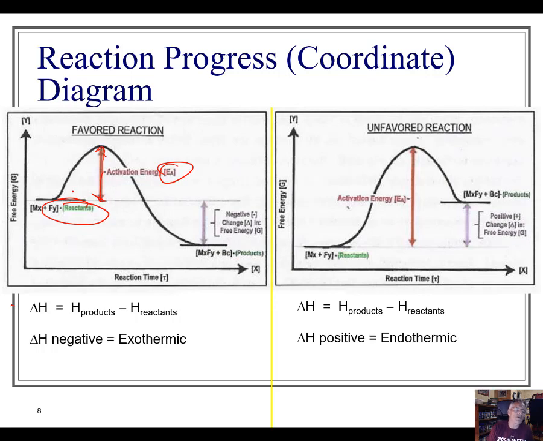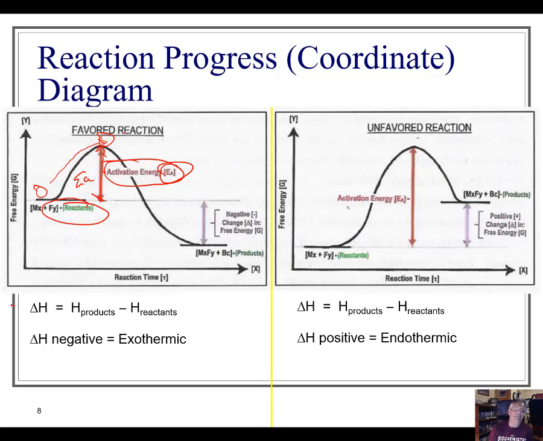But needless to say, let's say I did want to roll a ball down this hill. The first thing I'm going to have to do is push it up the hill to get to the top. We call that the activation energy. And just to let you know, the higher that hill is, the greater the activation energy, which we designate as E of A, the slower that reaction will be.